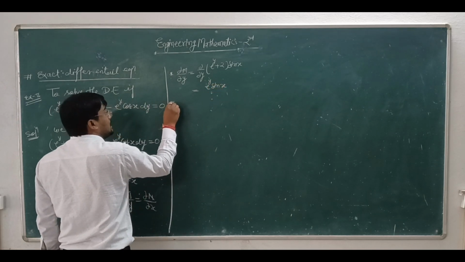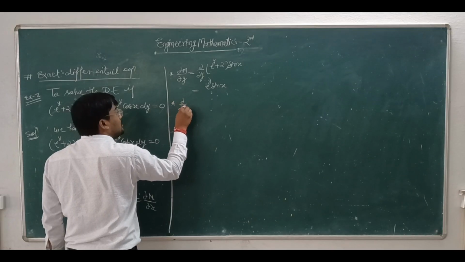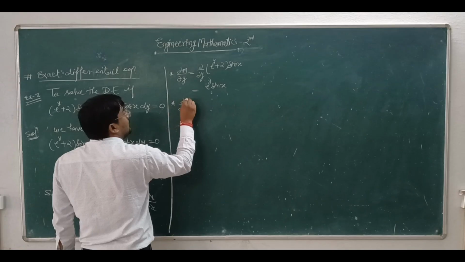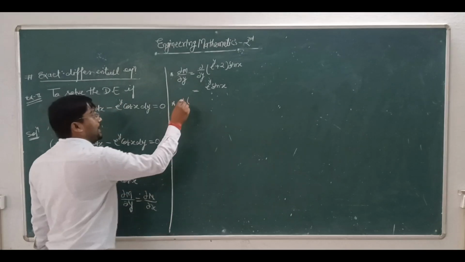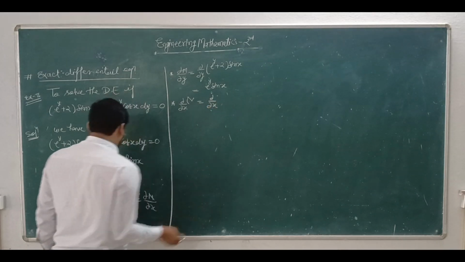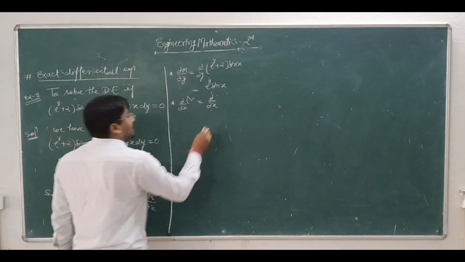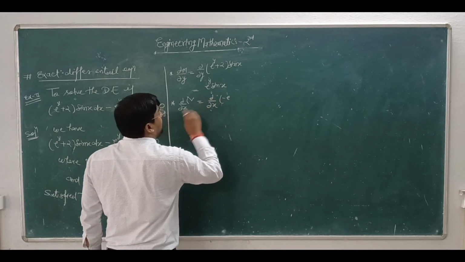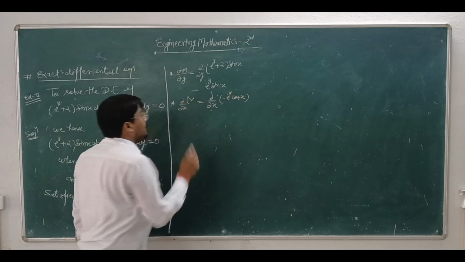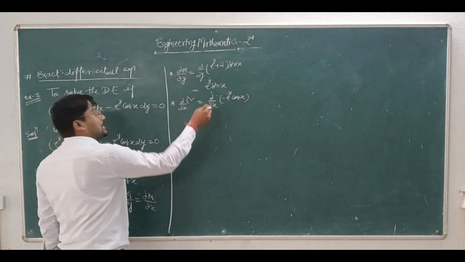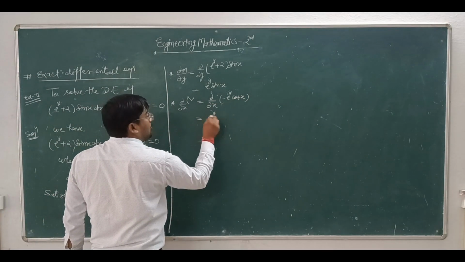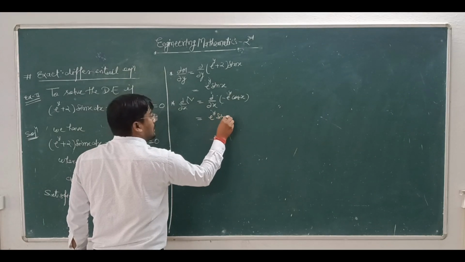Now second is ∂N/∂x. Putting the value of N, you can write ∂/∂x of −e^y cos x, where y is constant. Now you can write e^y, the differential of cos x is equal to −sin x, this means e^y sin x.